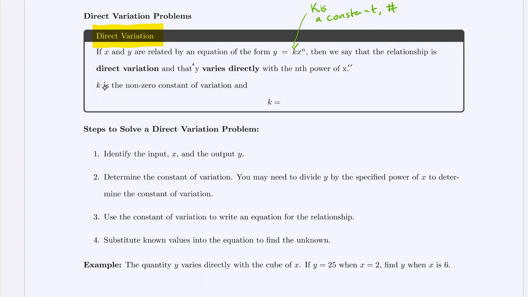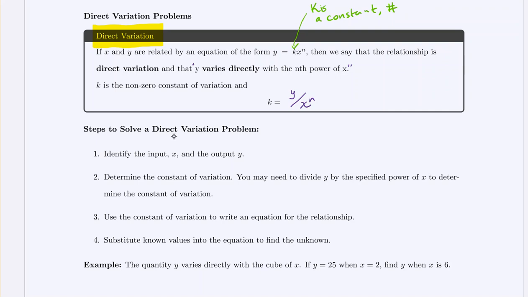And since k is a non-zero constant in this equation, we could choose to isolate k by dividing both sides by x to the n, and that would give us the equation k is equal to y divided by x to the n.